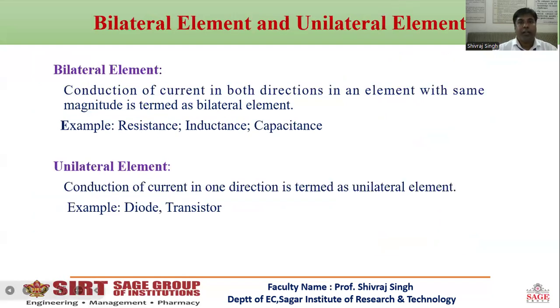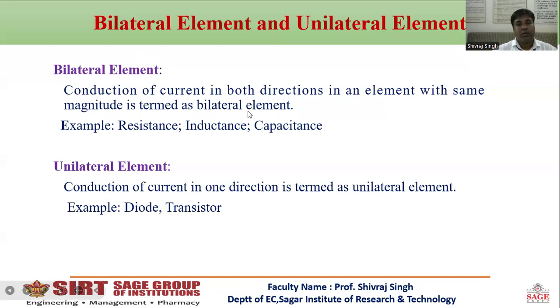Next one, bilateral and unilateral elements. Bilateral element: conduction of current in both directions in an element with the same magnitude is termed a bilateral element. For example, resistance, inductance, and capacitance are examples of the bilateral element. In this case, the direction of current is possible in both directions.